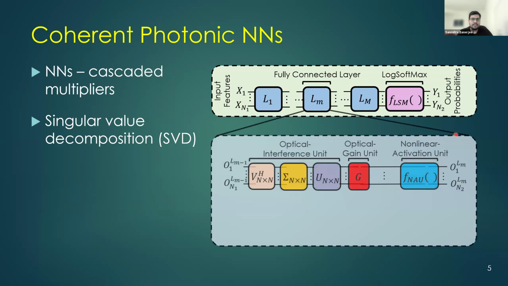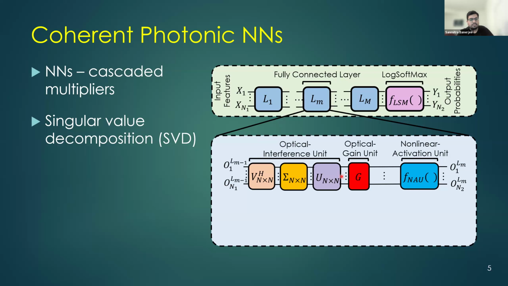So if we look at this particular layer, the weight matrix corresponding to this layer can be factorized into U times sigma times V Hermitian. U is a unitary matrix, V is a unitary matrix, and sigma is a diagonal matrix.